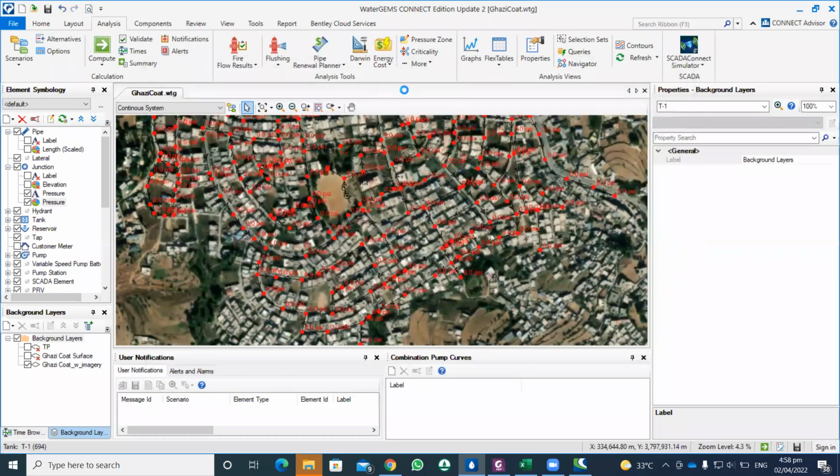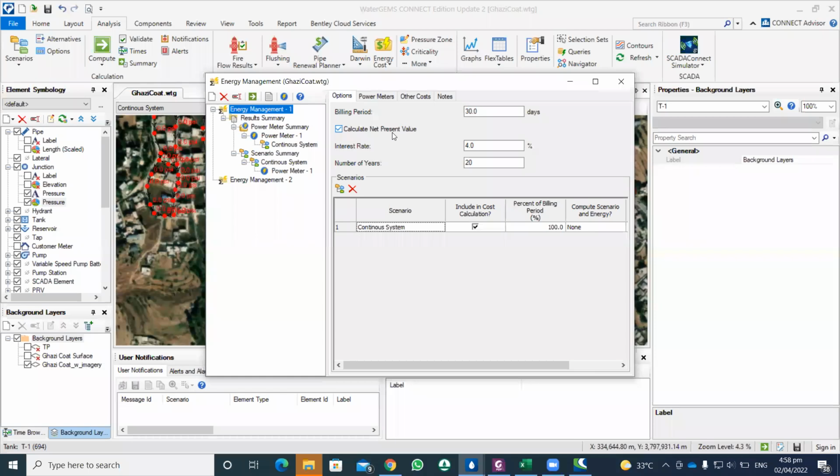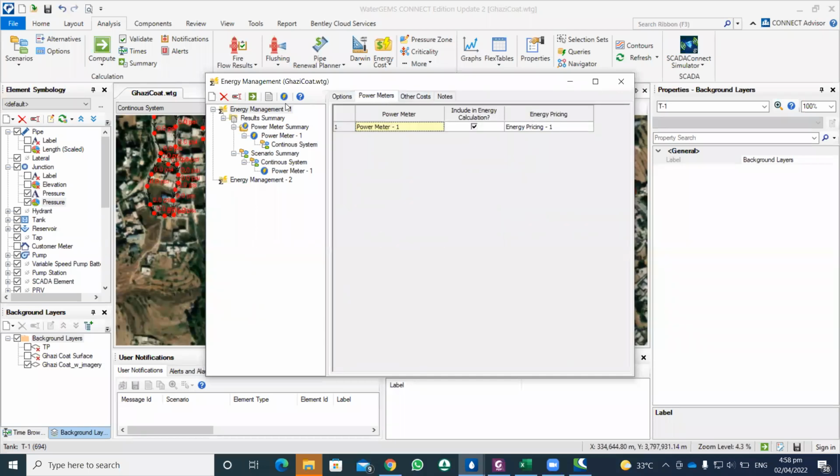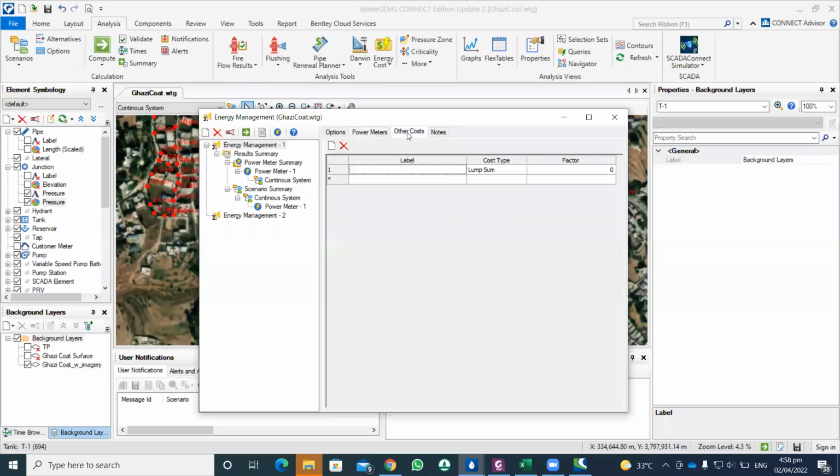And you can also do energy management. For example, if inflation always occurs in our electricity system, in the price of electricity, you can use an interest rate of 4%, meaning there will be 4% inflation up to 20 years, and you want to check a billing period of 30 days by adding a power meter, and then providing the energy pricing as I defined earlier, and you can calculate the energy cost.